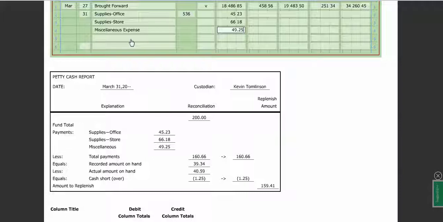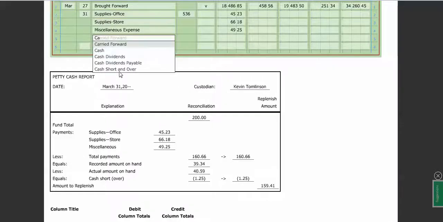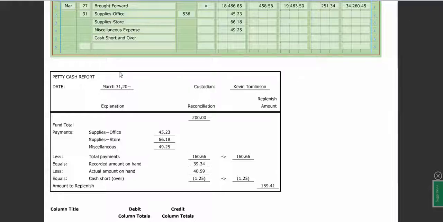And these are also assets. I'm recording the purchase of assets up here with the supplies office and supply store, but I'm also recording the expense of the miscellaneous expense. Then finally, since I've recorded everything down here in my fund total, I need to put my cash short and over. In this case, I was cash over, so cash over is going to be a credit of $1.25.